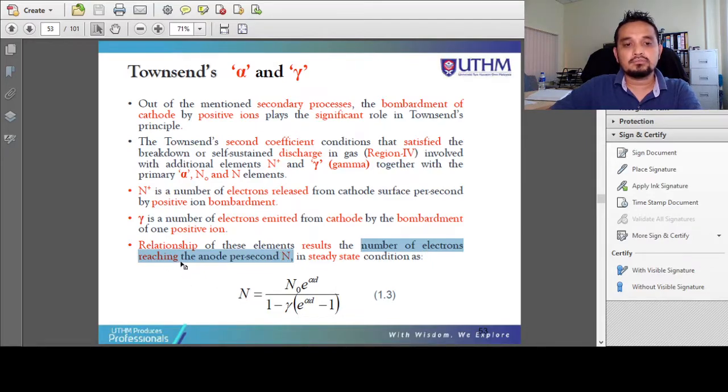The total number of electrons reaching the anode electrode per second under steady state condition is given by n equals n naught, e to the power of alpha d, where d is the distance of the gap, over 1 minus gamma times e to the power of alpha d minus 1. This formula is given as equation 1.3.